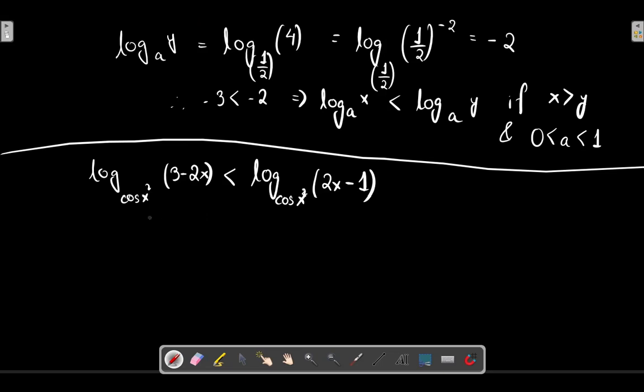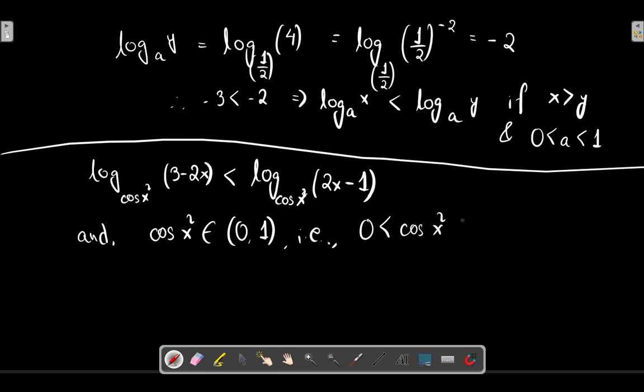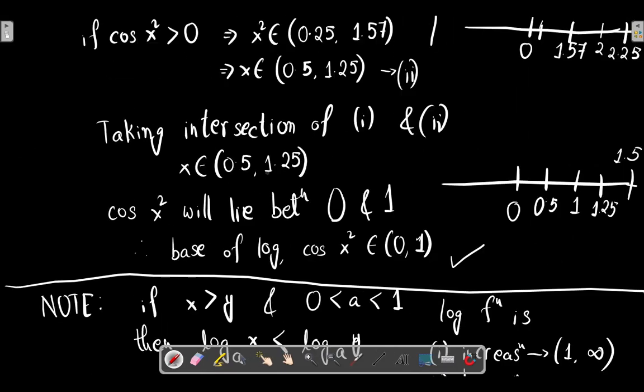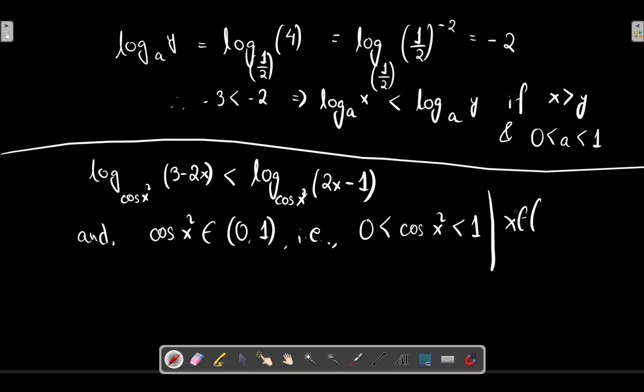And the base cos x square is in the interval 0 to 1, that is, it lies between 0 and 1. And so far we found that x belongs to the interval 0.5 to 1.25.